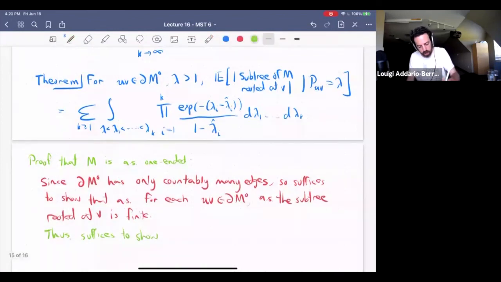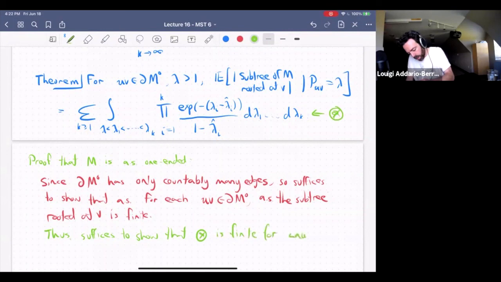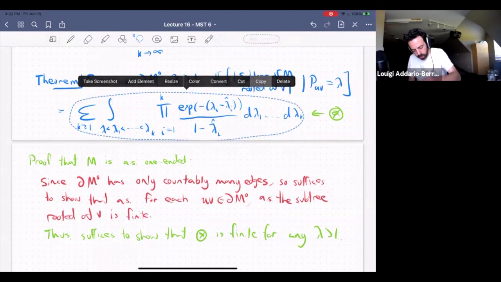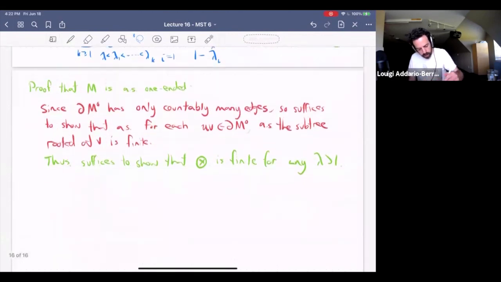So it suffices to show that this thing is finite for any lambda greater than 1. Let's just bound this.